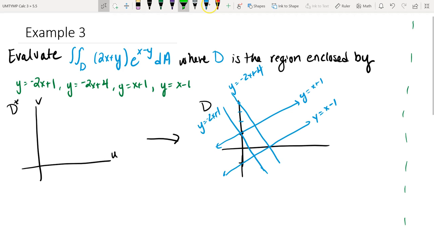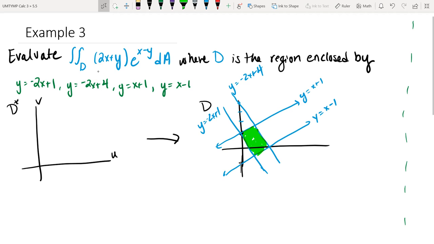So really we're looking at this space right in here. That's the region we want to transform using change of variables. But for now we're stuck with u and v. Just to write this out, what do we know?